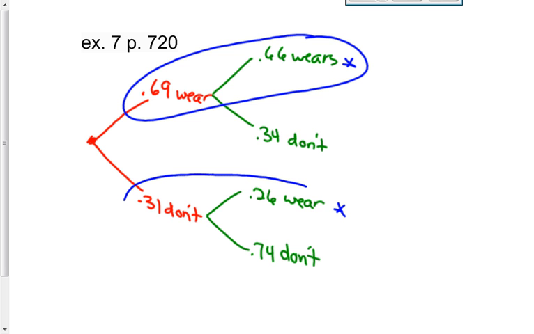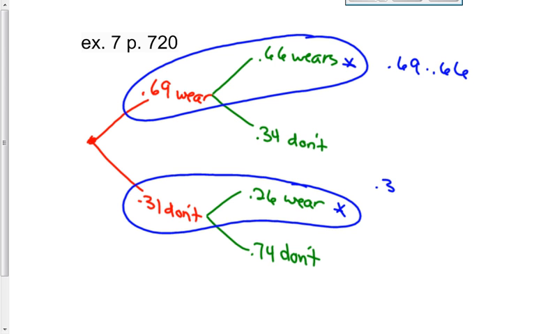They wear the seatbelt even if the parent doesn't wear the seatbelt. So I need to put these two together. Now remember, these are dependent events, so I need to multiply them together. They wear the seatbelt given that the parent does, 0.69 times 0.66. They wear the seatbelt given that the parent does not, 0.31 times 0.26.